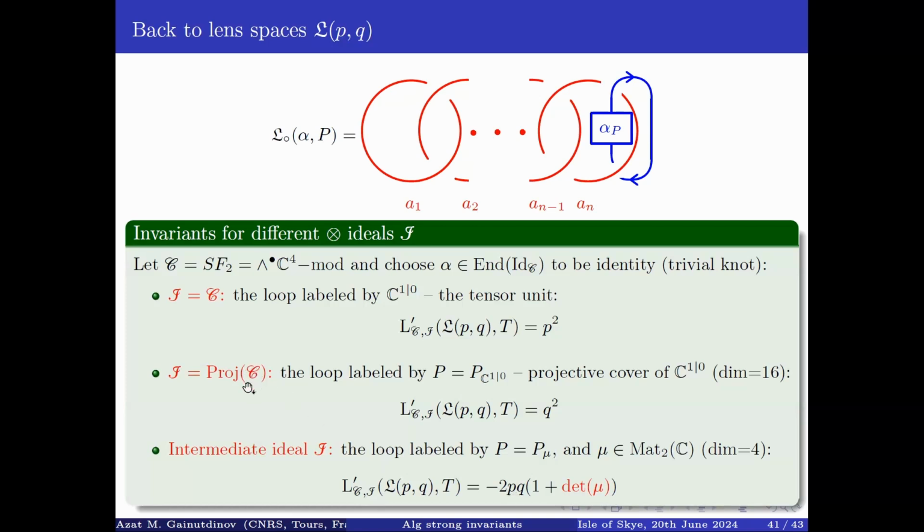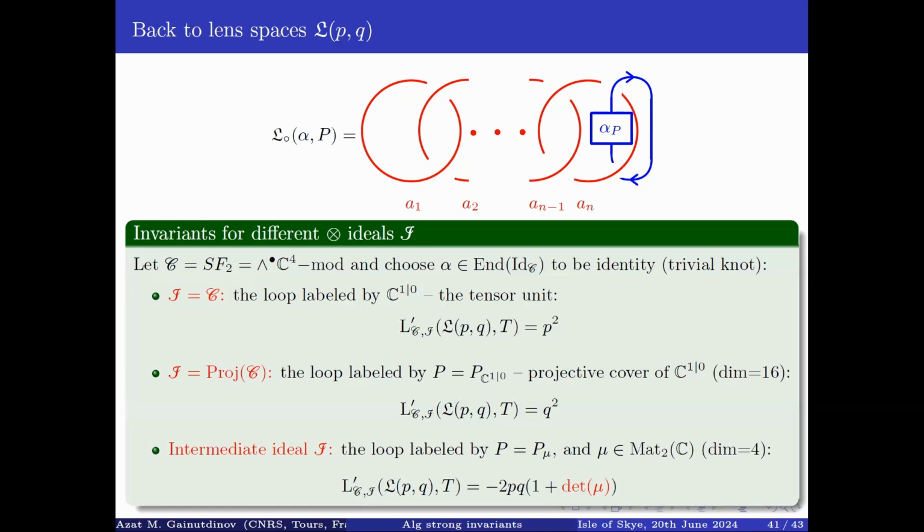And the invariant defined by these modified traces or traces from ideals, like the projective ideal, also doesn't see a lot of internal structure because typically you don't have so many projectives. But what is interesting is if you go to intermediate ideals, for example by this construction, they will typically contain continuously many objects. And this continuous parameter is responsible for non-trivial extensions.